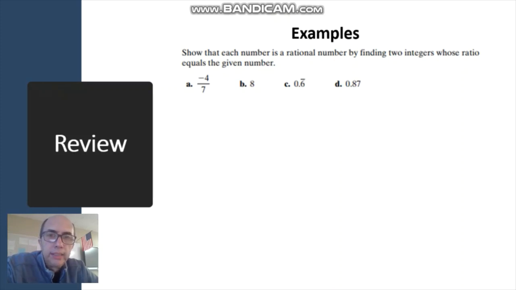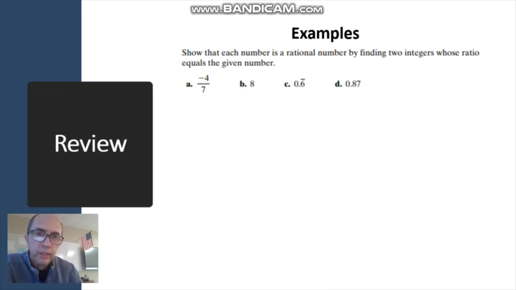Let's see some examples here. The example asks you to show that each number is a rational number by finding 2 integers whose ratio equals the given number. The first one is easy, it's already represented by a ratio.